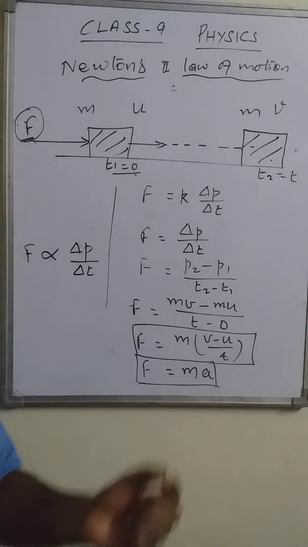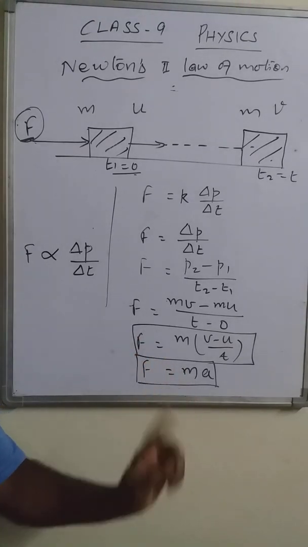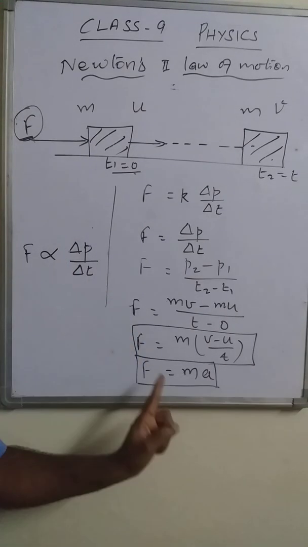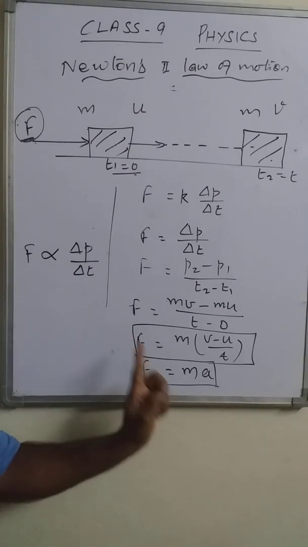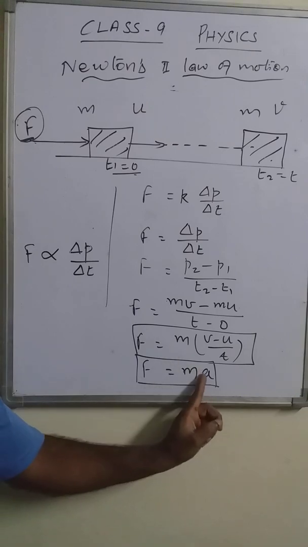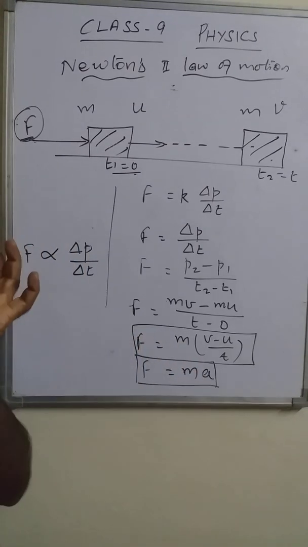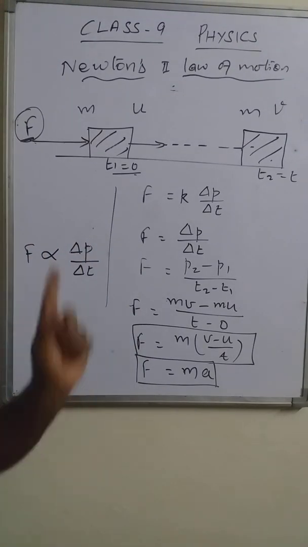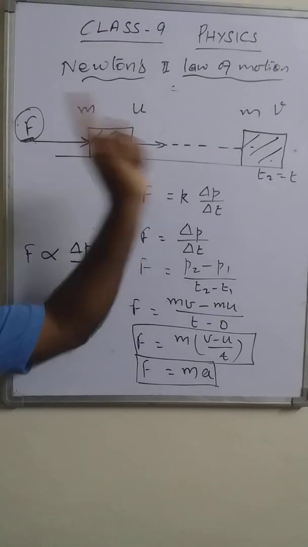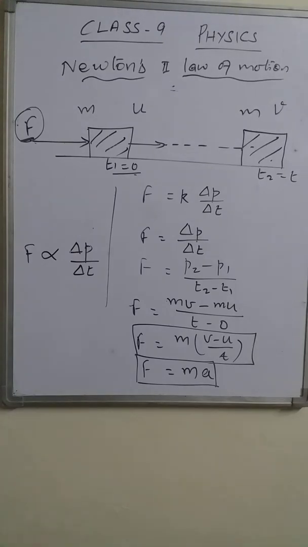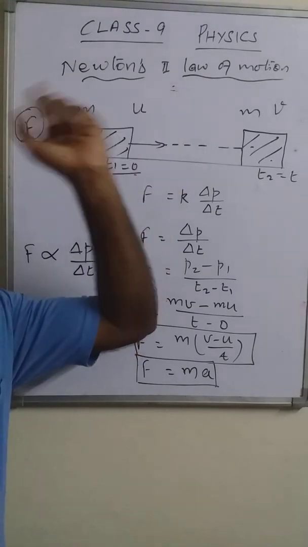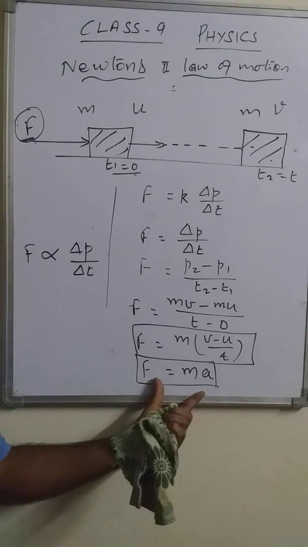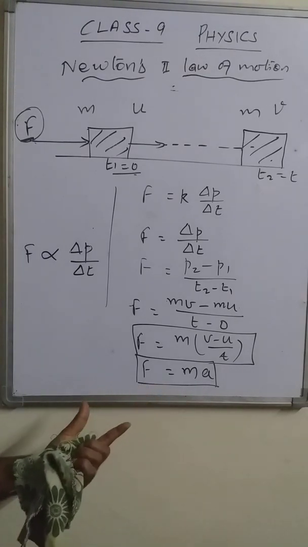Numerically, the force is equal to the product of mass and acceleration. Whenever we apply force on any object, acceleration is produced. Acceleration produced means its velocity changes. Its velocity changes means it is not in uniform motion. Its motion will be accelerated motion. So this is the relation for Newton's second law of motion.